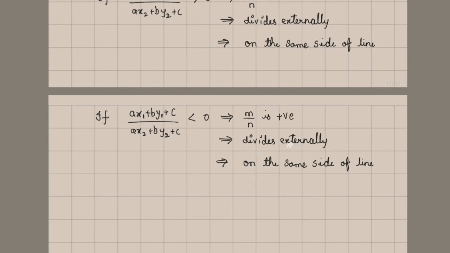If m by n is positive, it divides internally from the section formula, which means they are on opposite sides of the line.